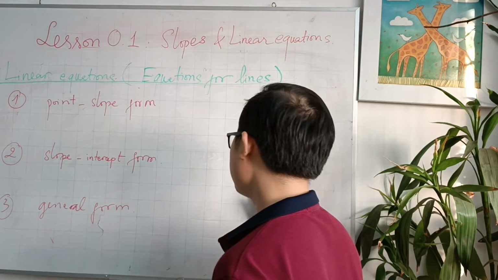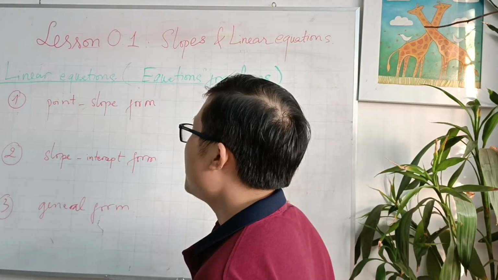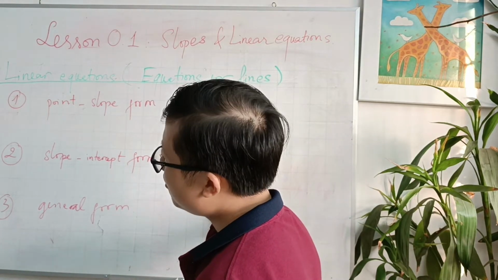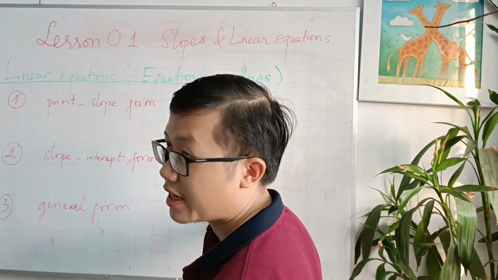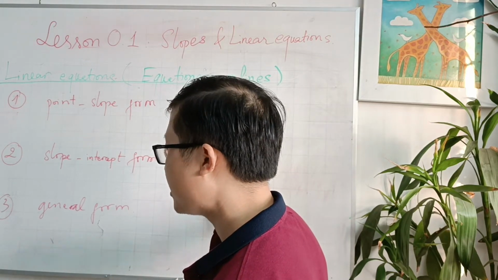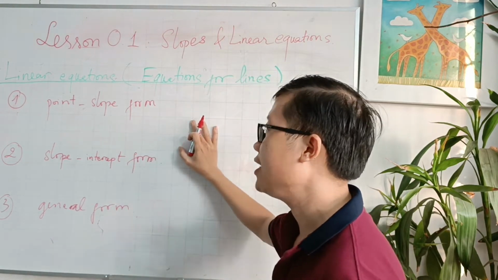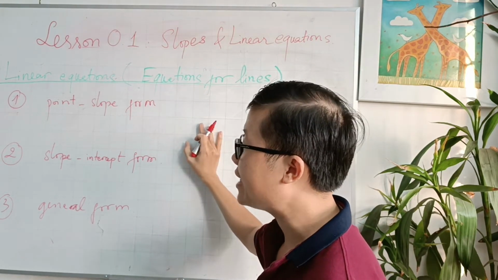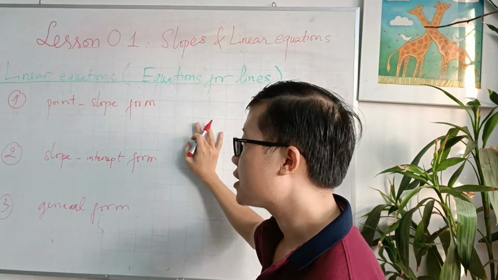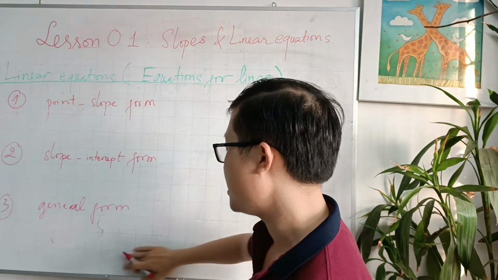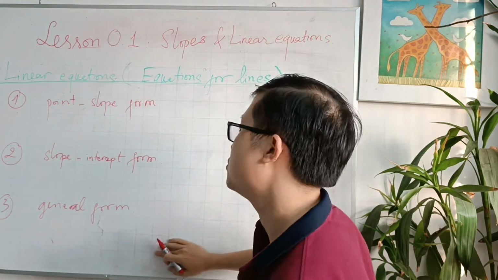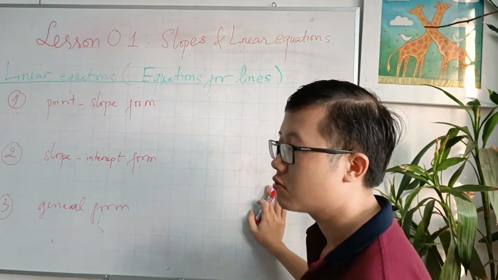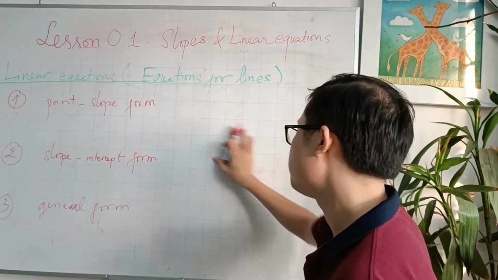It's very important for you to remember the formulas of the three forms and the names of the forms, because when the question requires you to write the exact form of the line, you must choose one of them to write the answer. If you don't choose the correct form, you don't have the final answer, and so your score may not be maximum.